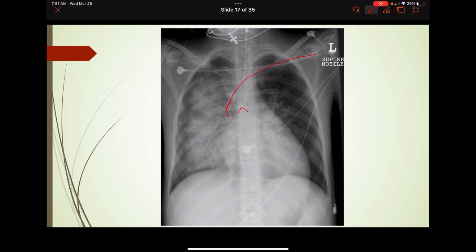The tip's a little more vertical, and to have it just below the carina there. So you have endotracheal tube, then this line here, that's probably a subclavian. And then of course this right lung not looking good.